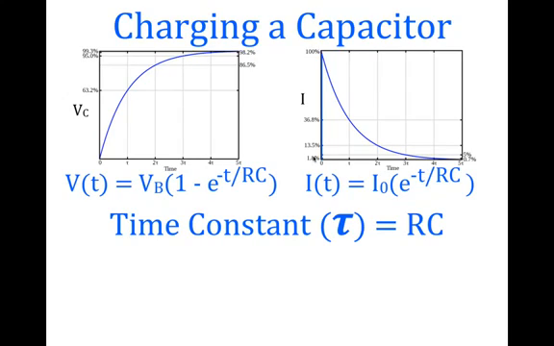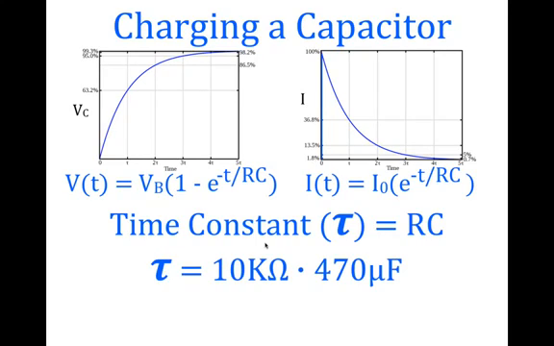Now, if we have a case, for example, where we have a 10K ohm resistor and a 470 microfarad capacitor, then the time constant for this pair would be 4.7 seconds. So then we'd look at our graph and we can say: one time constant, 4.7 seconds, 63.2%.